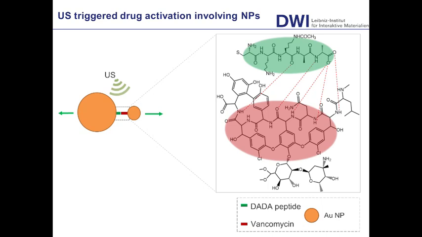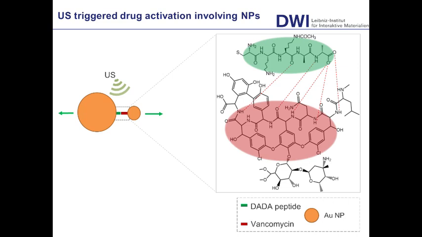This motif, that's the green one, contains two D-alanines, and D-alanine is also present in the cell wall of bacteria, and this D-alanine motif is recognized by the red peptide shown here. This is a commercial antibiotic. It's called vancomycin, and it kills the bacteria by interfering with the cell wall synthesis.